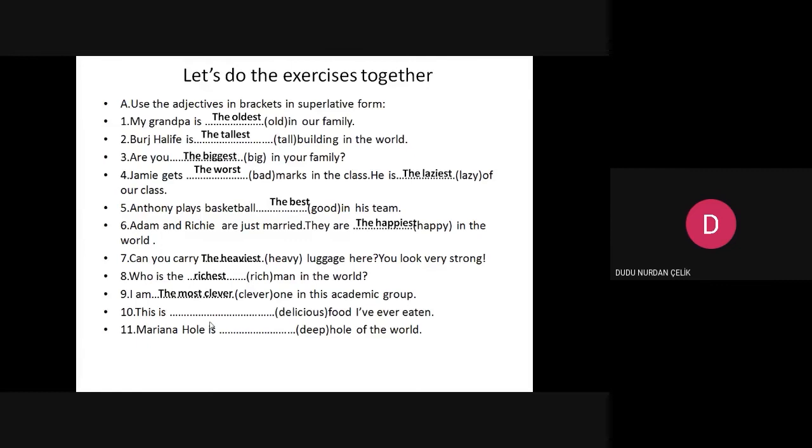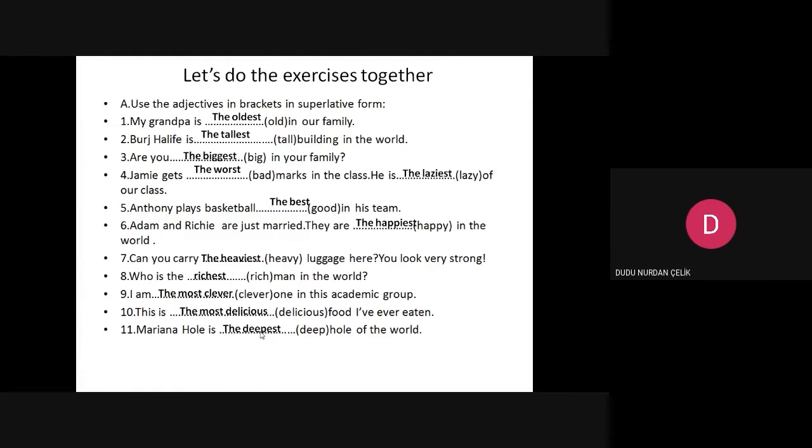The superlative form of delicious, it's a long syllable. And of course, we say again, the most delicious. Mariana Hall is deep hole of the world. Deep in superlative form is of course, well done guys, the deepest.